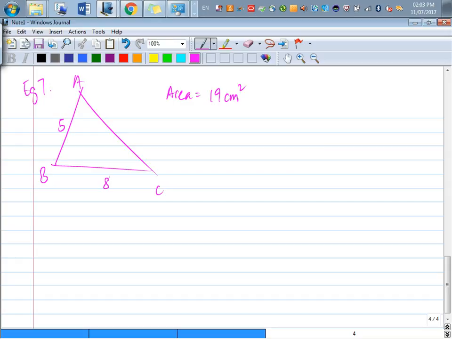Find the possible values of angle ABC. Okay, look at the question. Find the possible values. There could be two values. Right, Fina? Right, Irfan? Right or not?